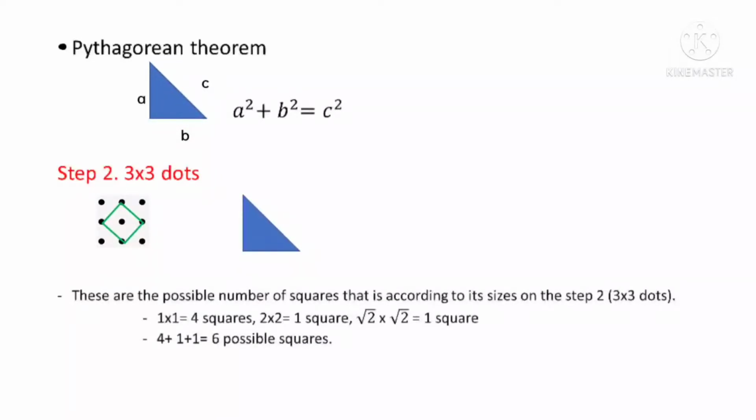Yung square na nabuo dyan, o yung rhombus like square like a rhombus, may mga right triangle na nakapalibot. Ito yung mga right triangle dito, may 4 dito. Sensya na, hindi ko draw ng maayos. Yan, yung 4 na right triangle.